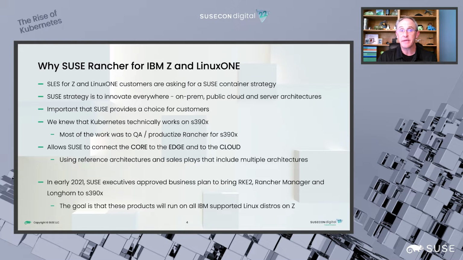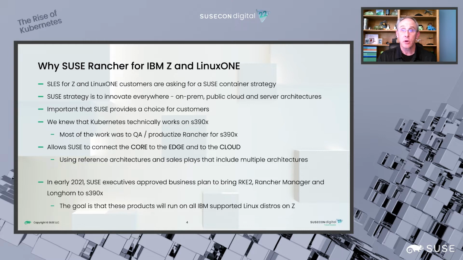These customers have been asking SUSE about our container strategy since Kubernetes started making waves in the industry. It is also important to remember that SUSE innovates everywhere. We focused on multi-architecture enterprise Linux years before our competition. It is important that we do the same for Kubernetes and container orchestration so that customers have choice.